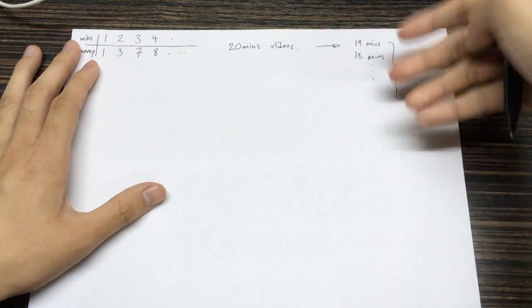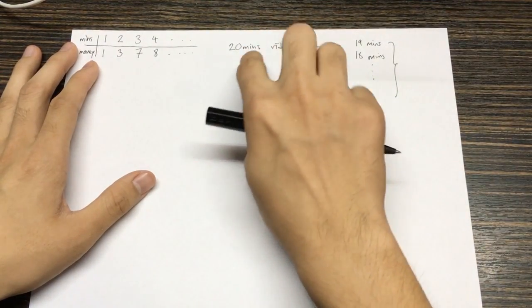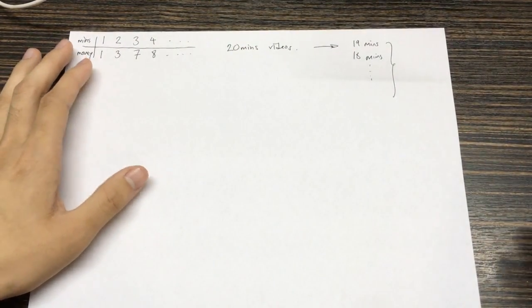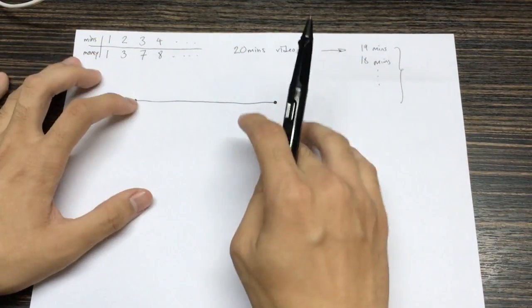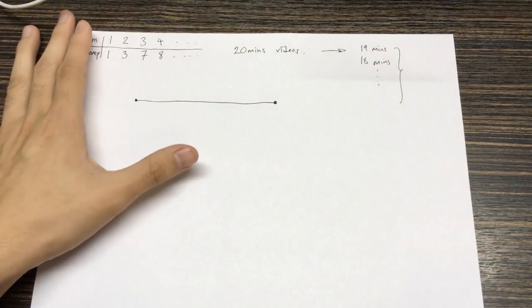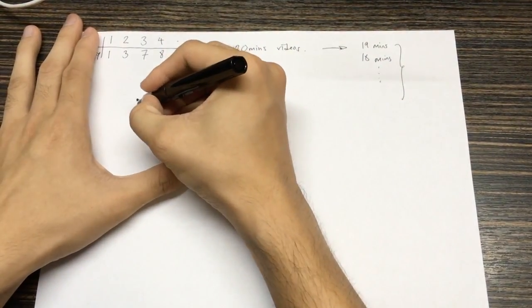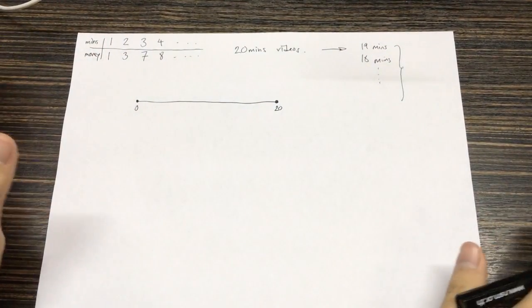How can we use all of these answers to help us find the maximum way to split the 20-minute videos that we have? So here I'm going to draw a line, and this line will represent the 20 minutes worth of videos that we have. Let me number it 0 to 20, just so we have a clear idea of what we're trying to do here.